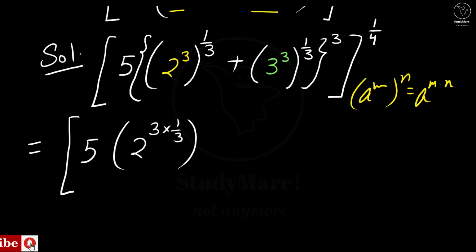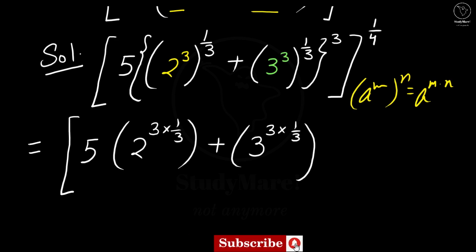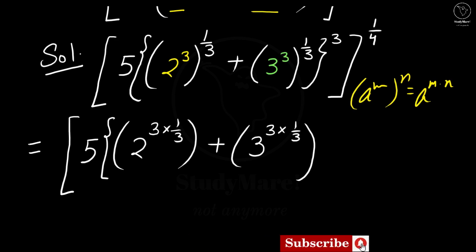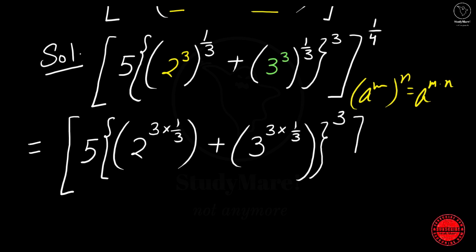Same way, here also we have 3 to the power 3 into 1 by 3. And this entire expression is raised to the power 3, and then this entire expression is raised to the power 1 by 4. We are not making any changes in this for now.